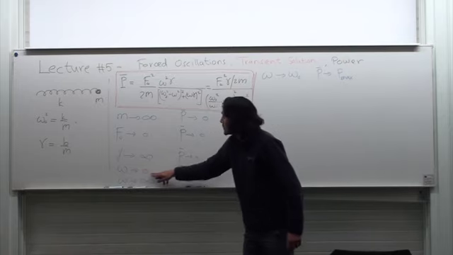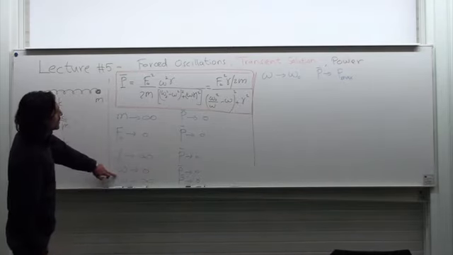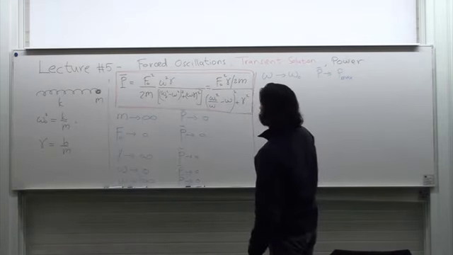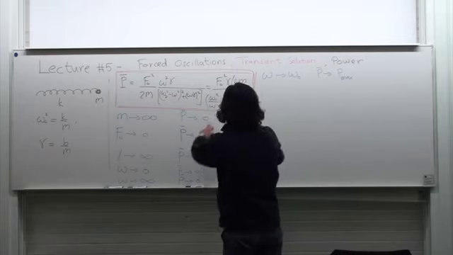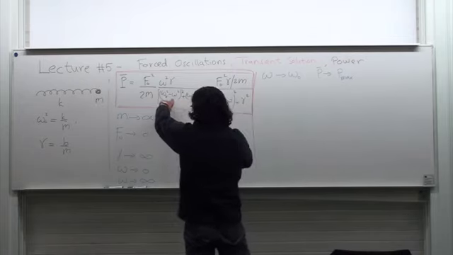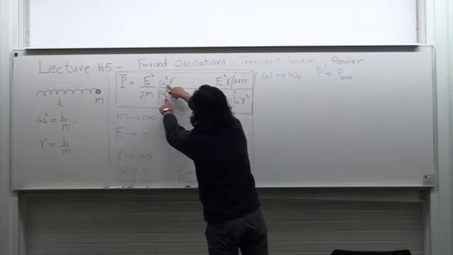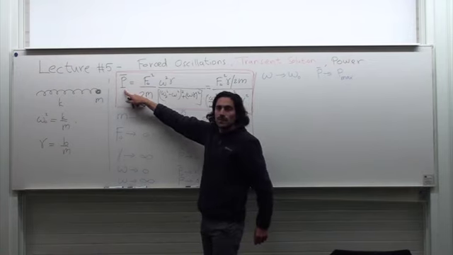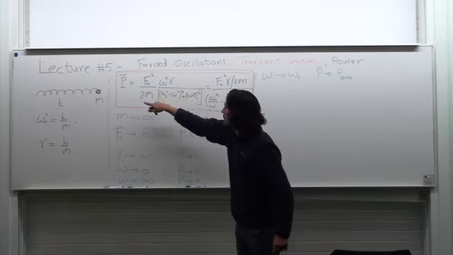When omega goes to 0, it goes to 0 here. So the power is 0, right? This is 0, this is 0, this is a number here, and this is 0.